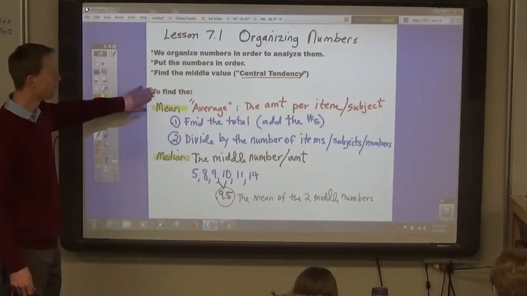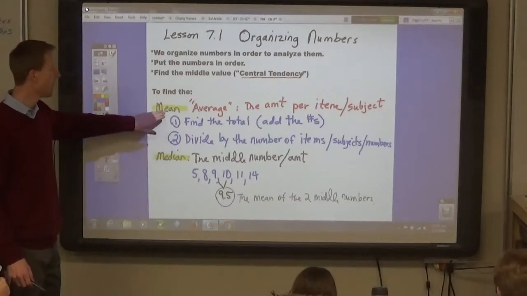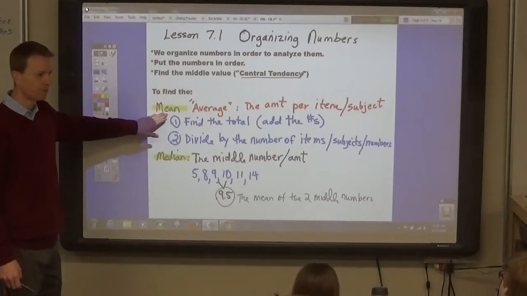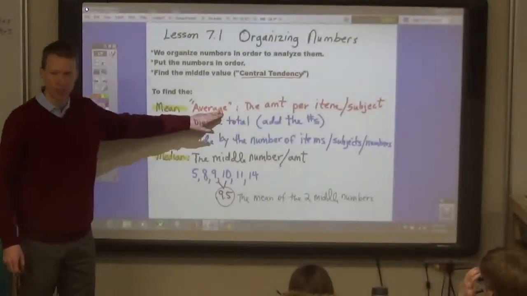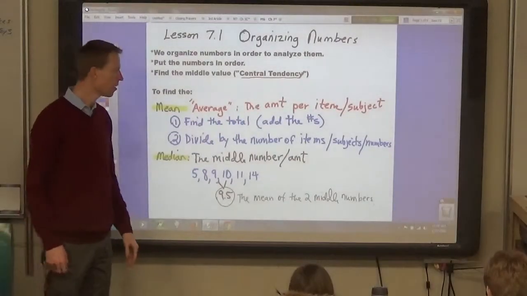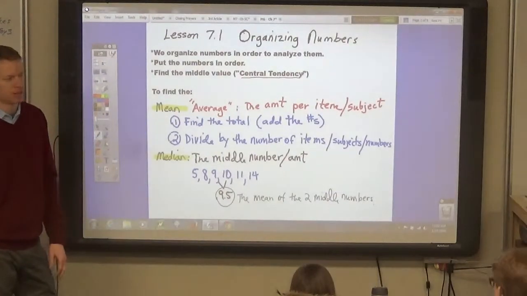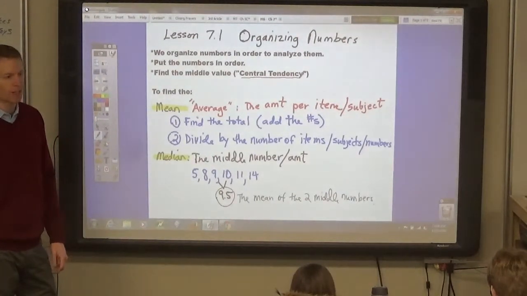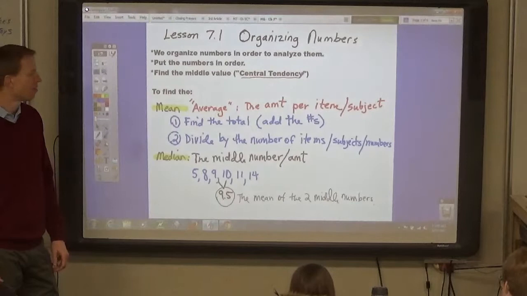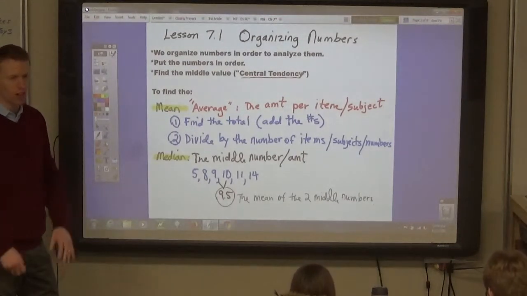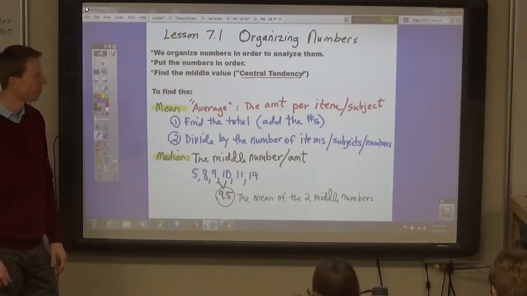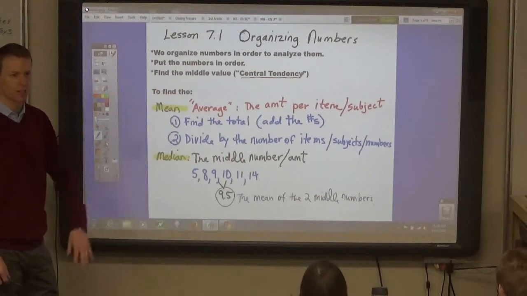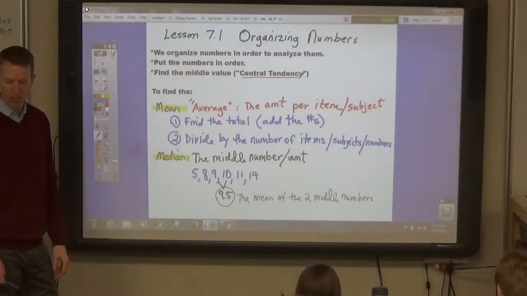One of the ways to find the middle value is to find the mean. Okay? The mean is the average. Yards per game. The quarterback throws 200 yards and then 300 yards in the next game. So for 2 games, he's thrown 500 yards.